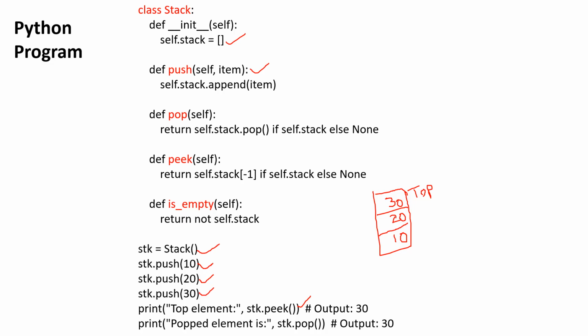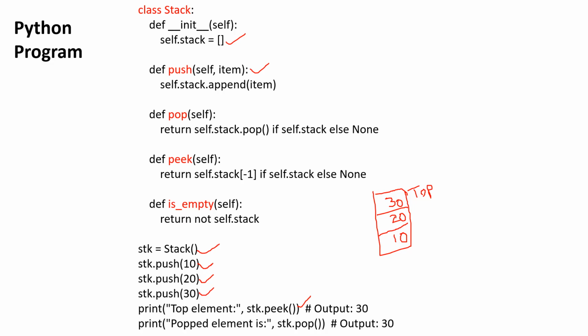Now the main important operations are push and pop, and peek returns the topmost element. Here we have written the logic. The function peek returns self.stack[-1] if self.stack else None. The meaning of this line is that self.stack[-1] returns the topmost element. If it returns None, it means there is no element; otherwise it returns the topmost element.